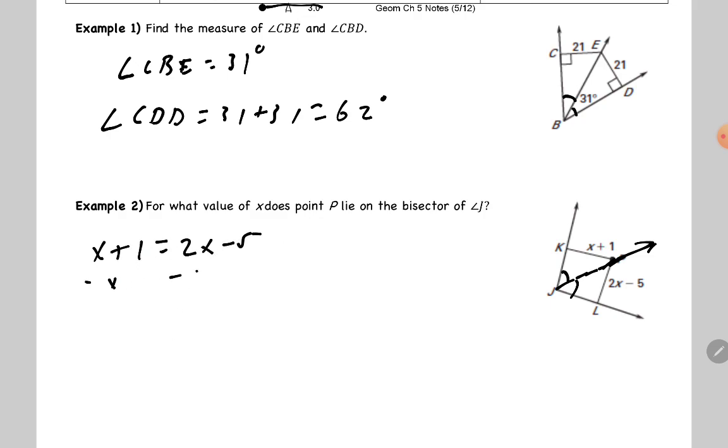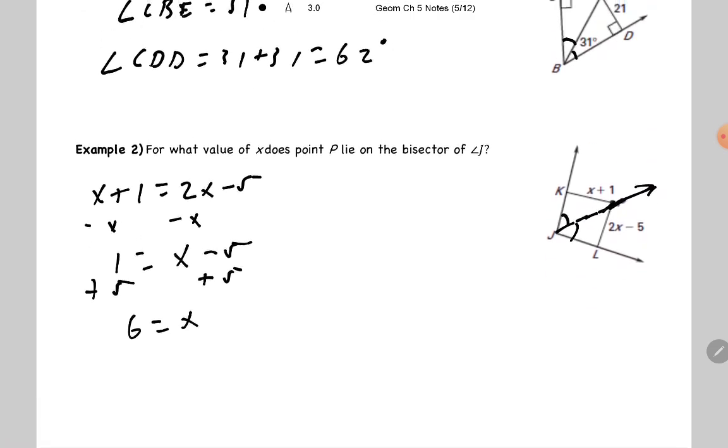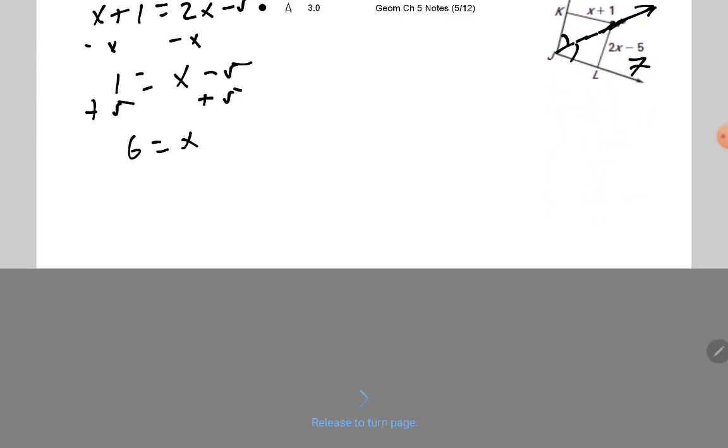I subtract x over to get 1 equals x minus 5. To get rid of the minus 5, I add 5. x equals 6. If I plug x equals 6 in there, I should get 7 here and 7 over there. So 6 times 2 is 12, minus 5 is 7.